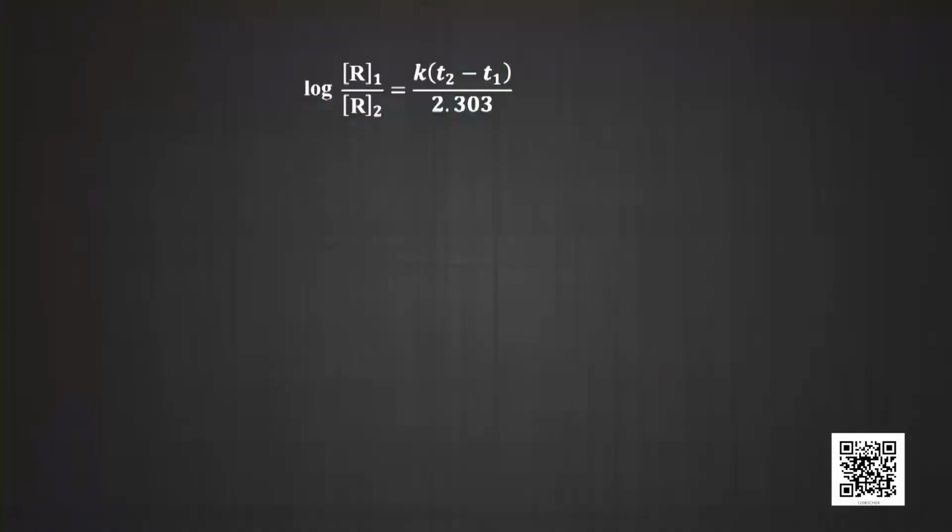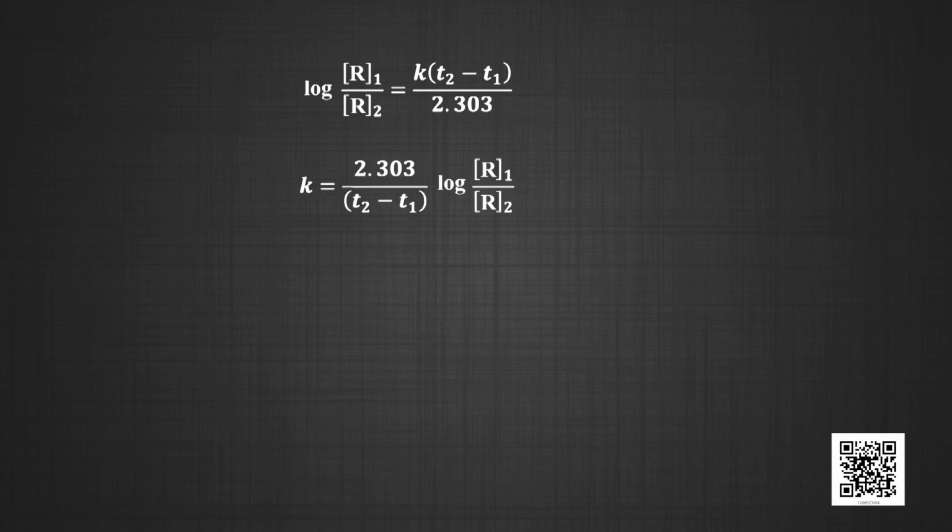Now let's solve this problem. For the first order reaction, we have the expression k equals 2.303 divided by t2 minus t1 log R1 by R2.